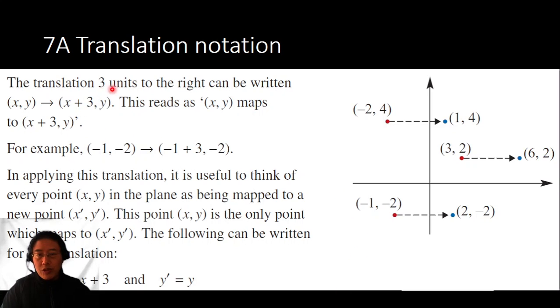Using the same transformation, here is the way you will write it as a mapping. You have your original coordinates, your image coordinates, and the arrow indicates that you have a transformation, and altogether it shows the mapping.